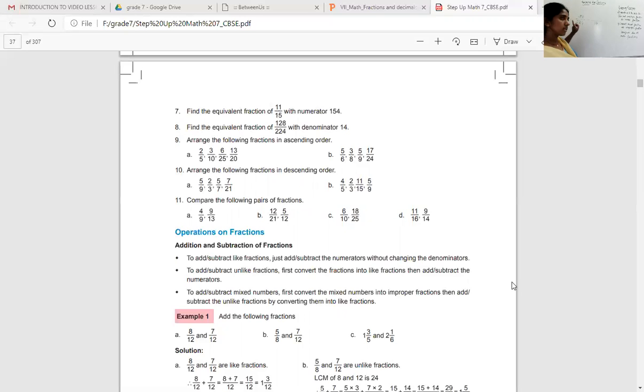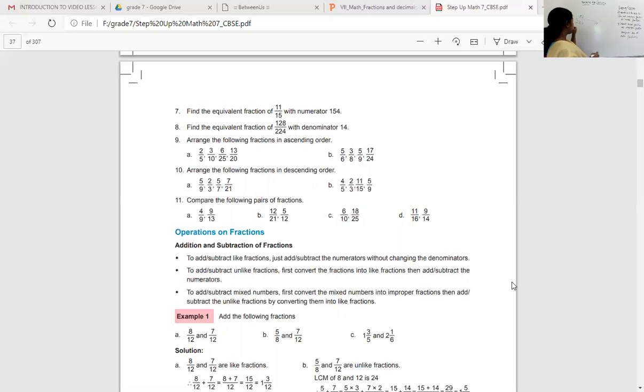In previous cases, we multiplied something to this number to get that number. Now, when the number is smaller, you have to divide. Here we check 14 times how much is 224.